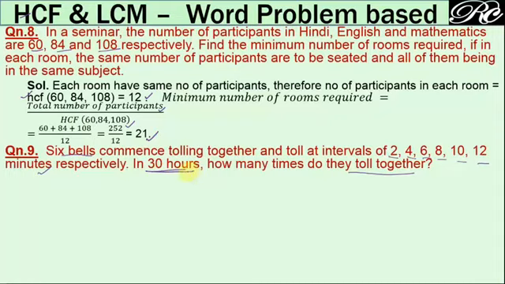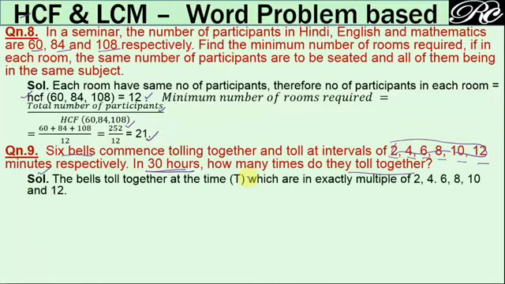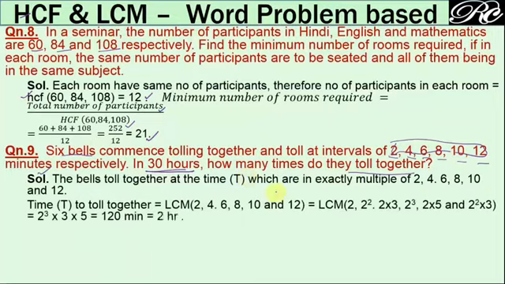For tolling together, we need a time which is a multiple of all these given tolling times. For all the bells to ring together, we first have to get that ringing time. That will be calculated by taking the LCM of all these times. So let us calculate it. The time t to toll together is the LCM of 2, 4, 6, 8, 10 and 12. These times are in minutes.